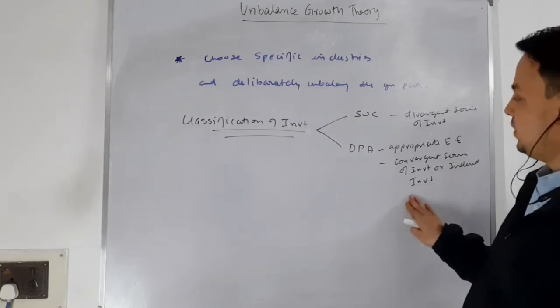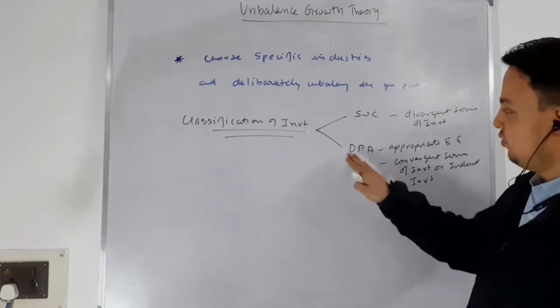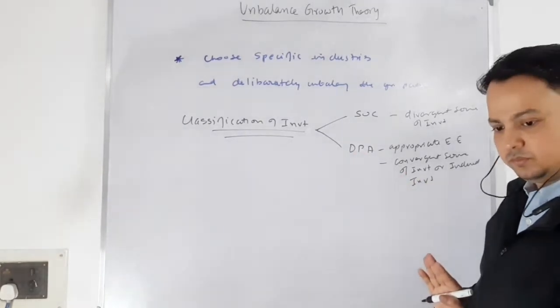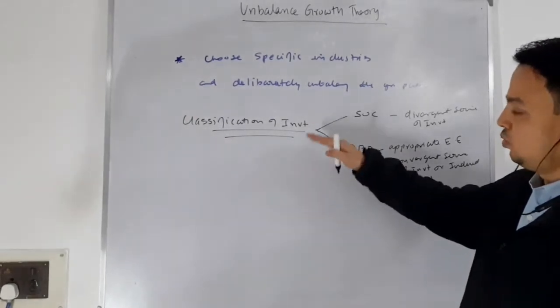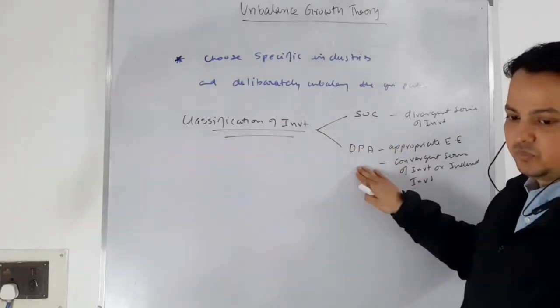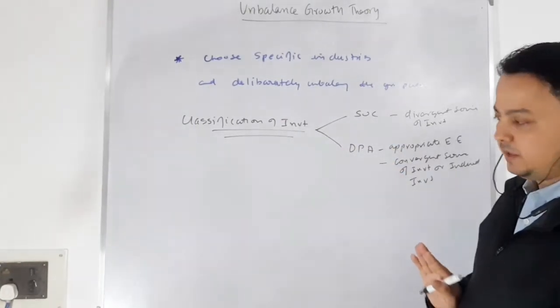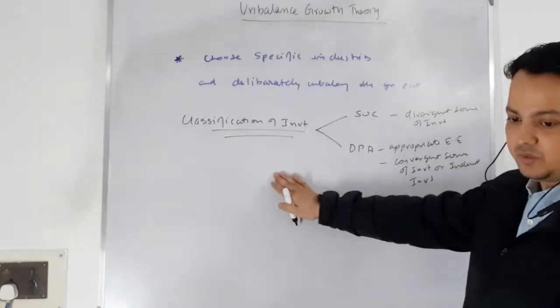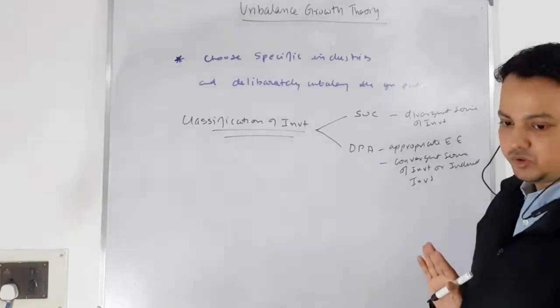And this induced investment or convergent series of investment will be taken by the private sector. So there are two kinds of investment that an economy can take, but both cannot be taken simultaneously in an underdeveloped country. The reason being, this underdeveloped country is characterized by resource constraint.